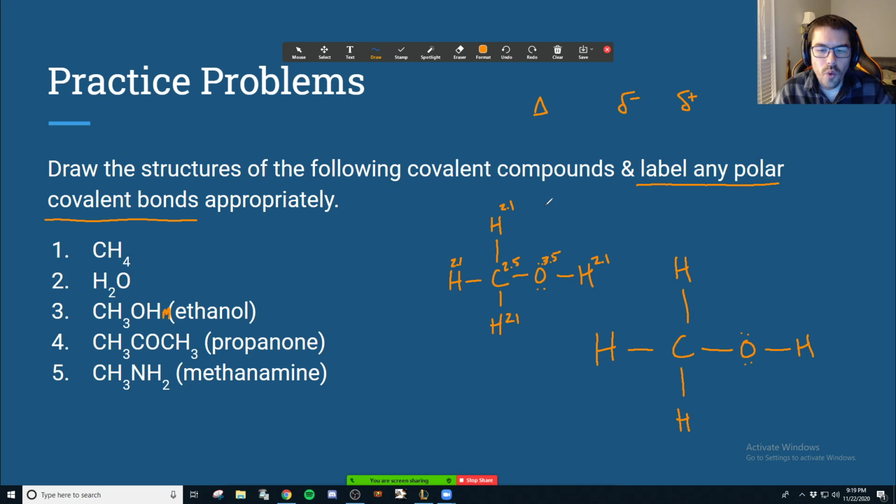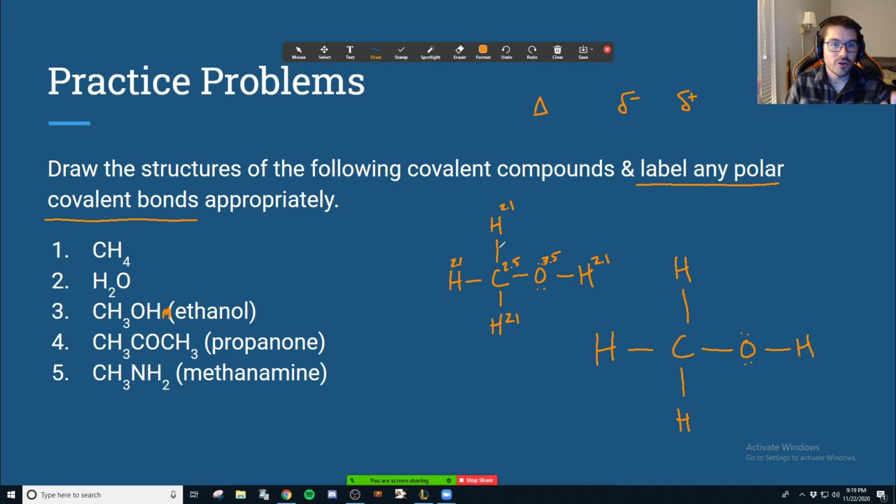So, where do we have polar covalent bonds? There's 5 total bonds. Okay, I see the 5 lines. We want to look at each line and determine the difference in electronegativity across that bond. If the difference is moderate, meaning greater than or equal to 0.5, basically, then we're going to call that a polar covalent bond.